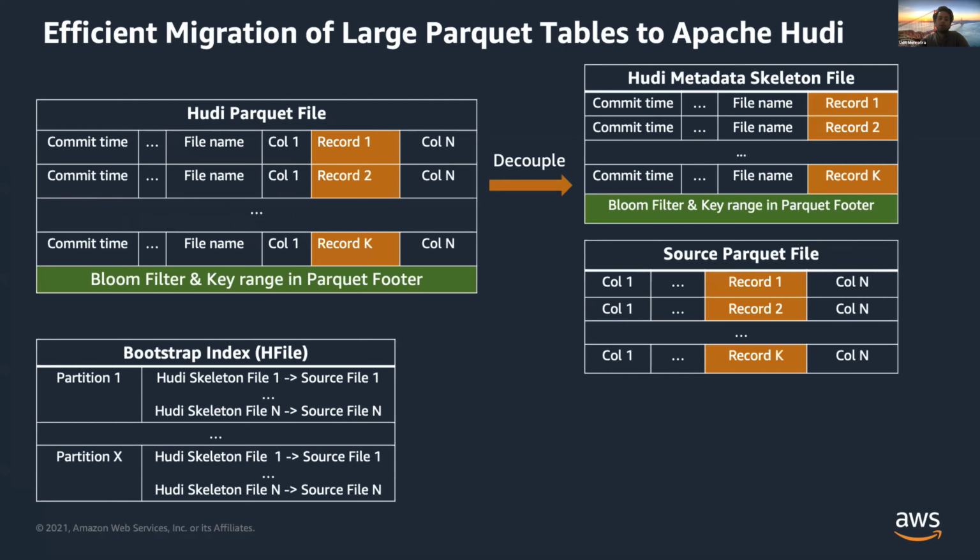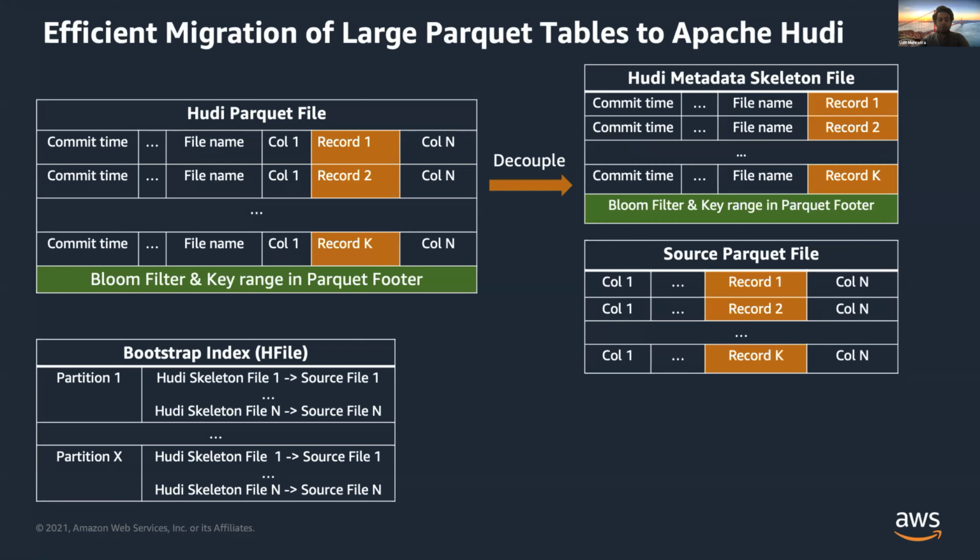As part of this migration operation, Hoodie will just write metadata files, which will contain the per record metadata columns and the Bloom index, whereas the actual data is not copied over and it's still served from the source location. It is eventually and incrementally copied over to the Hoodie table as and when you do an upsert or delete on your data. And there's this one-to-one mapping between your source data files and your metadata files.